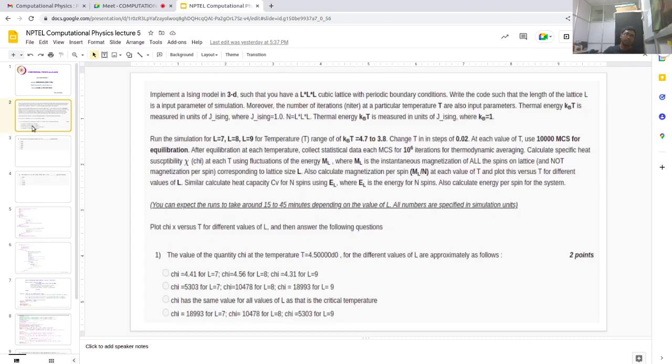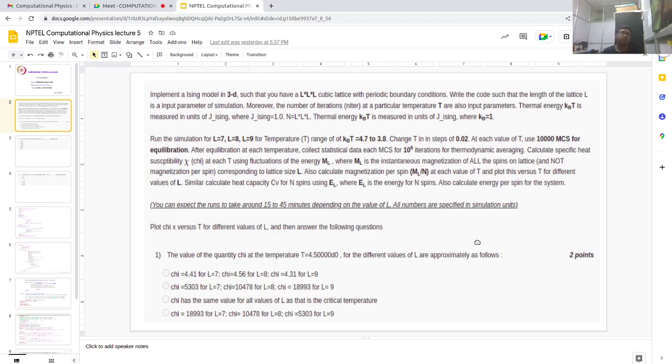By those quantities I mean thermodynamic quantities, for example the CV, specific heat capacity, and susceptibility chi, and to evaluate them we need to calculate thermodynamic averages of the energy of the system as well as the magnetization of the system. So here is the question.